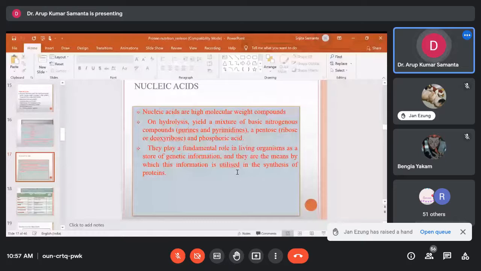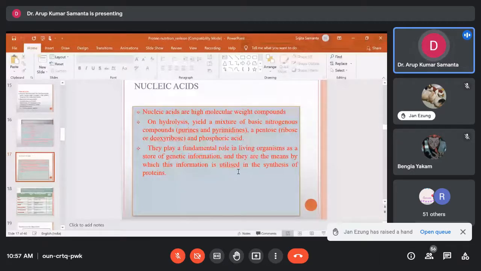That means 46 into 6.25 comes to around 282% crude protein. So 100 gram of this urea will have 282 gram of crude protein, because the nitrogen content is very, very high.